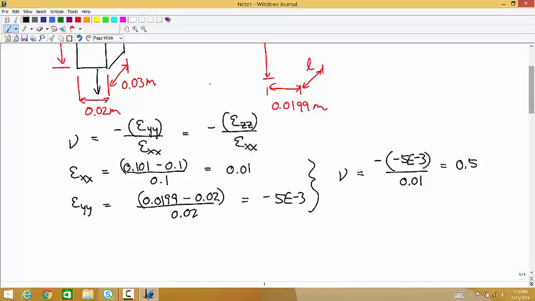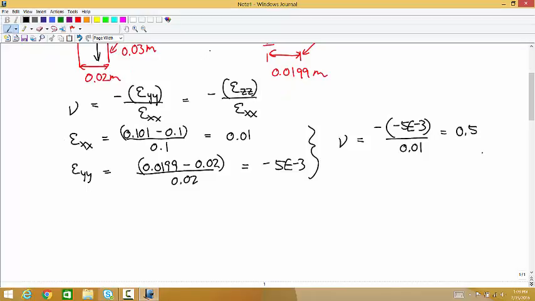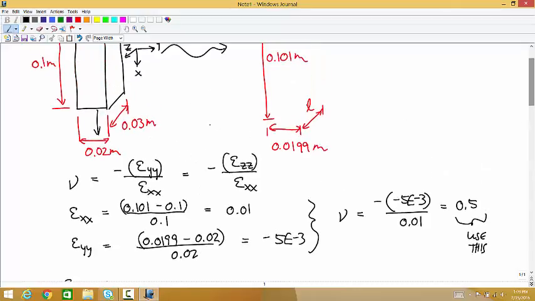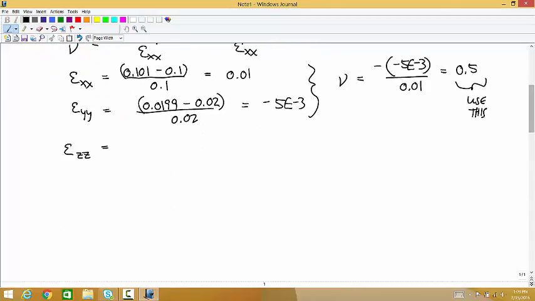Okay, so now we're going to use this. So the ZZ strain is equal to this unknown length L minus 0.03 divided by 0.03.